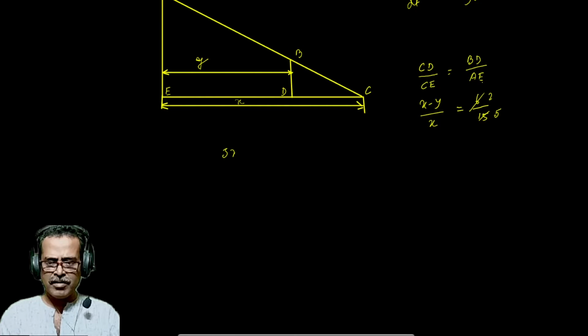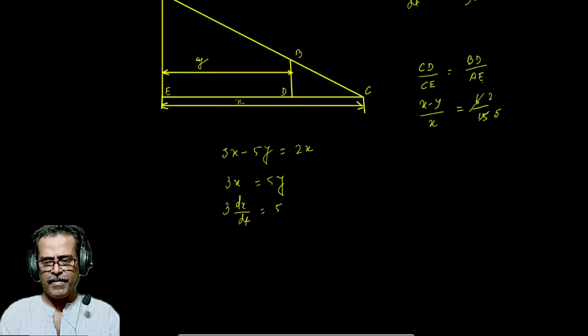Five x minus 5y is equal to twice x. 3x is equal to 5y. So 3 dx/dt is equal to 5 dy/dt.